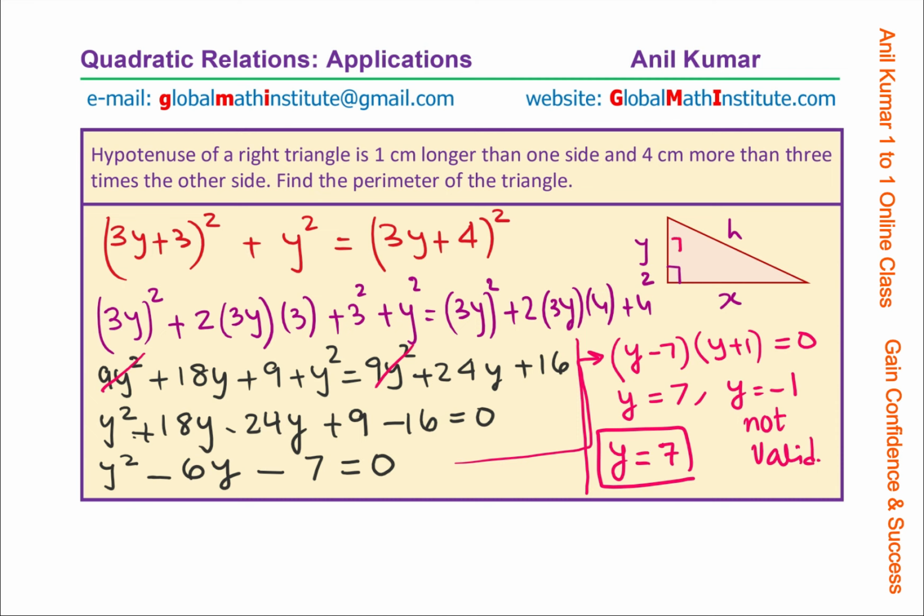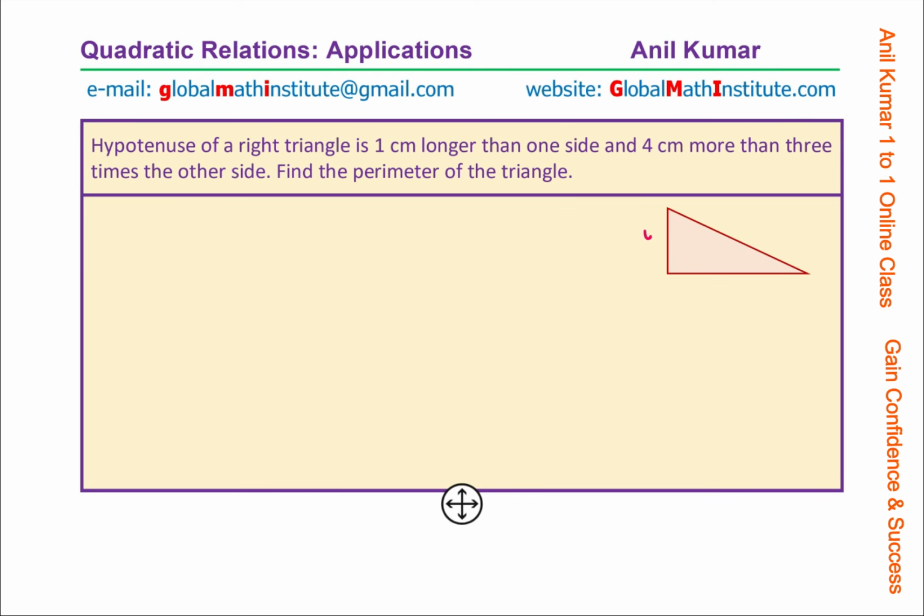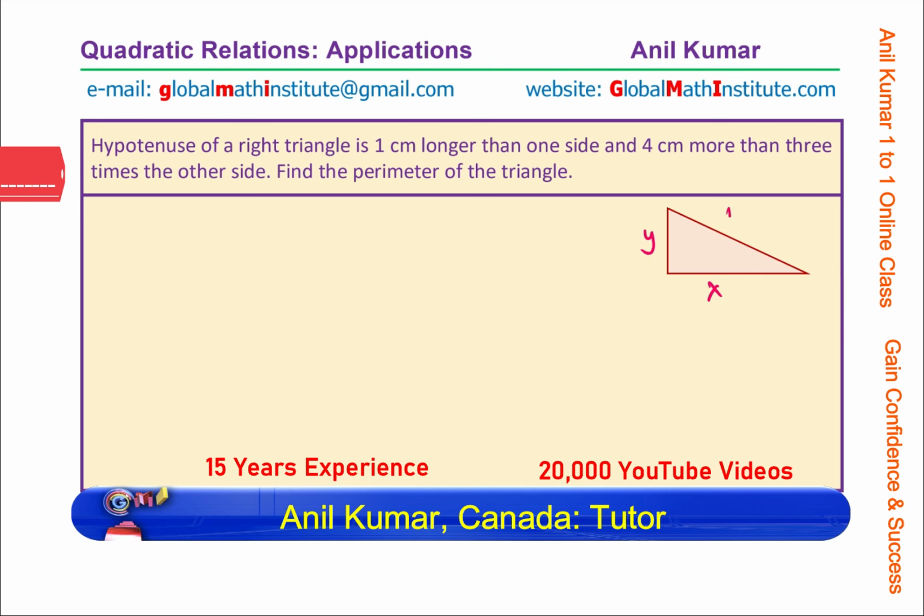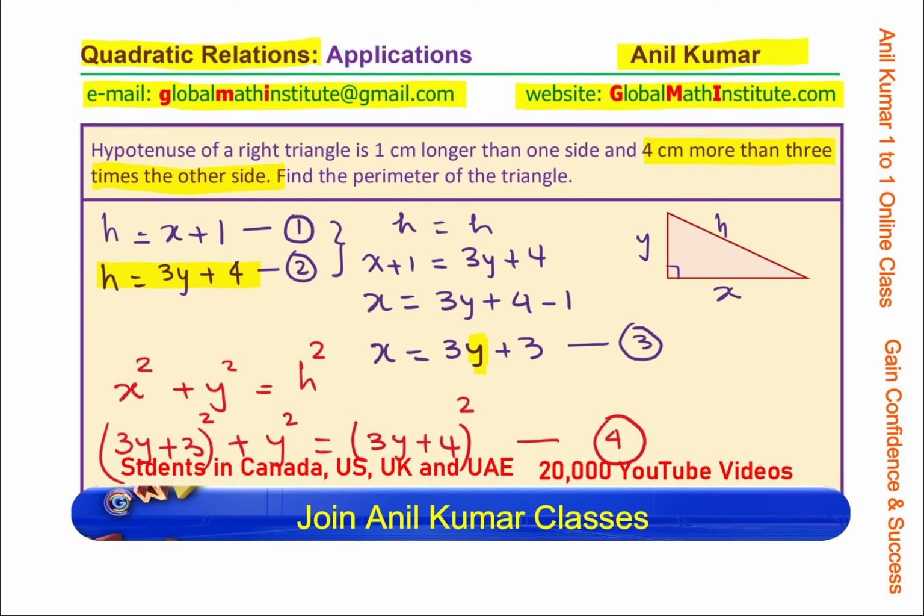Clear? Once we know one of the sides, we can find the others. So let's do that and finish off our solution. Okay, so we got y equals 7, and we had x related to y as x equals 3y plus 3, right?